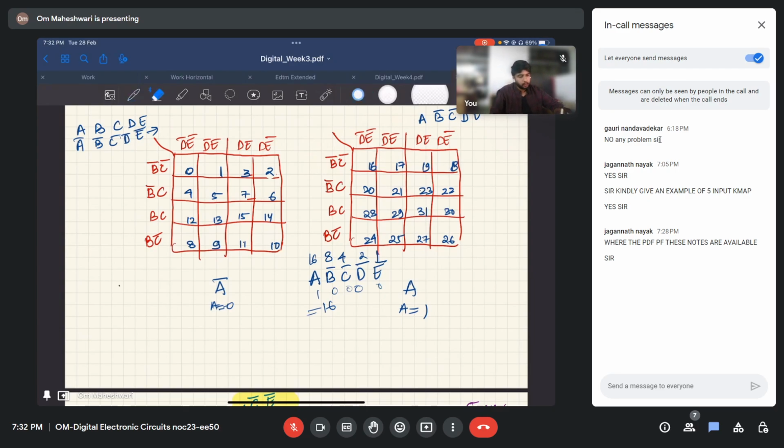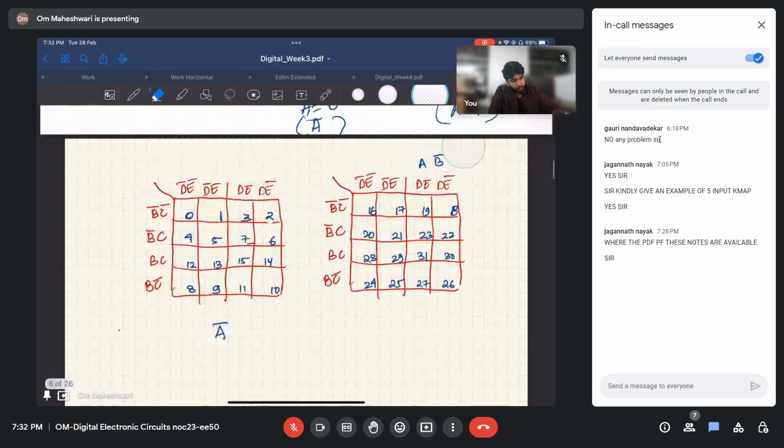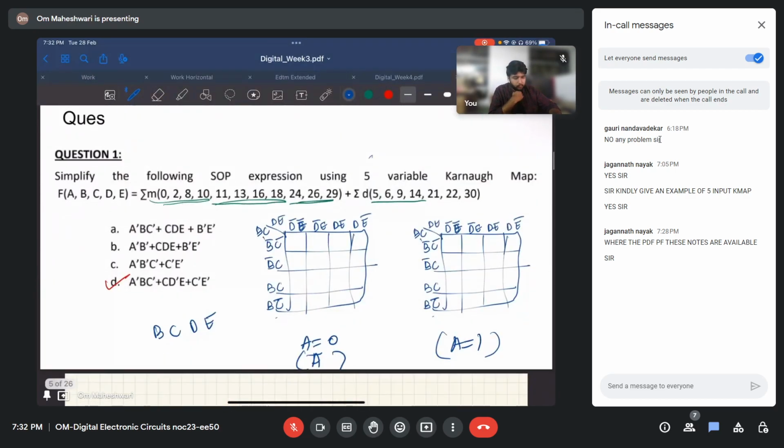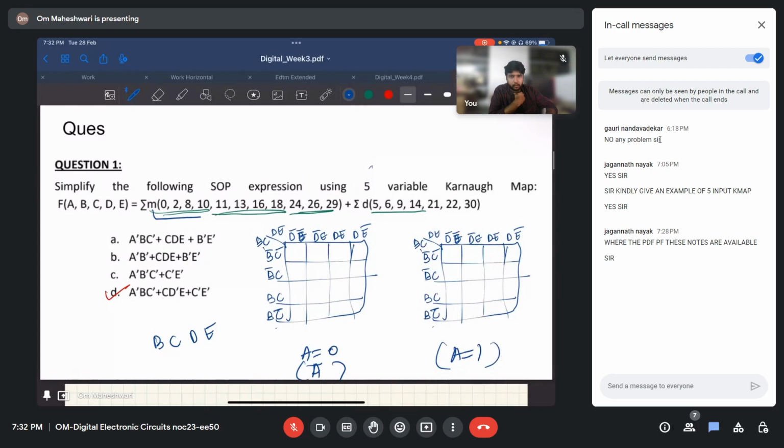Okay, let me erase these things. So now what we have is minterms 0, 2, 10, 11, 13. These we have to fill.